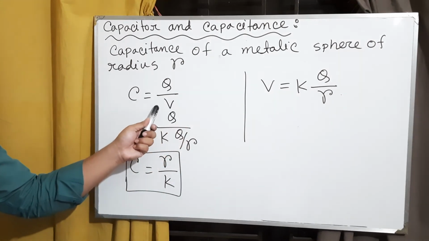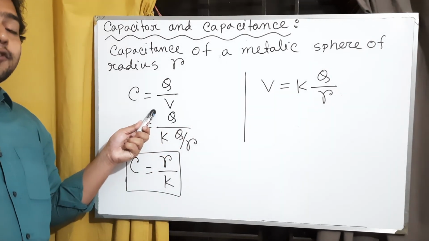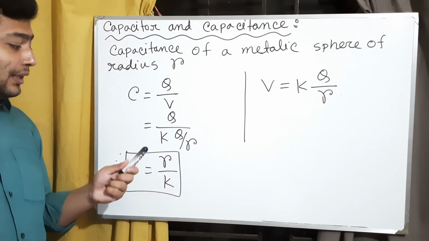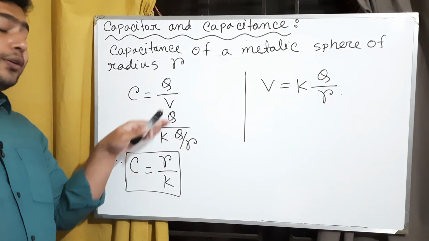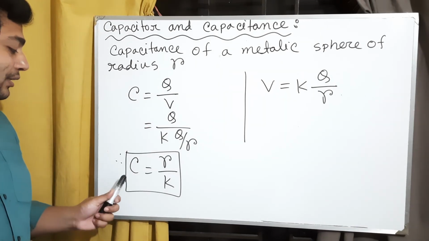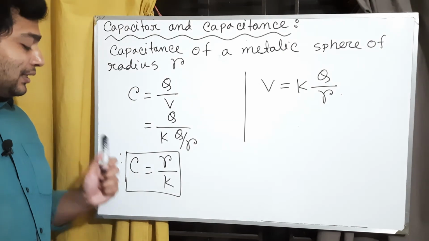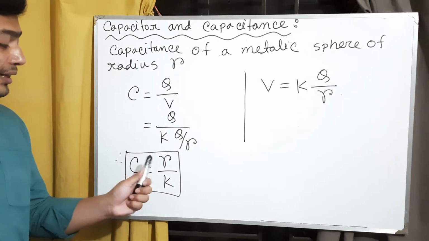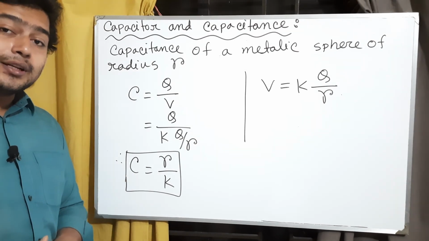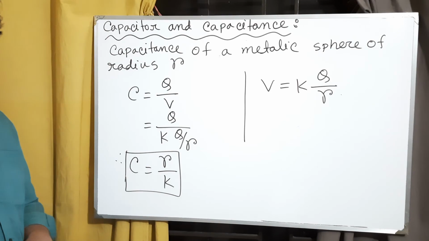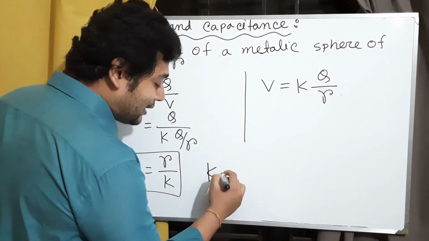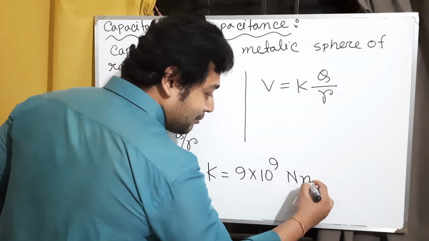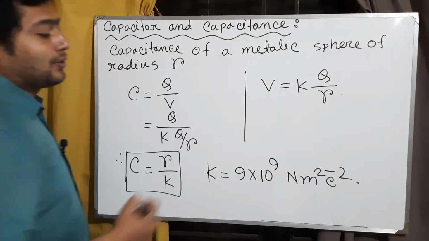Putting the value of this voltage, Q and Q cancel and r goes to the upper side. So we can write C equal to r by K. Here r is the radius of the sphere and K is our constant. The value of this constant K equal to 9 into 10 to the power 9 newton meter square per coulomb square.